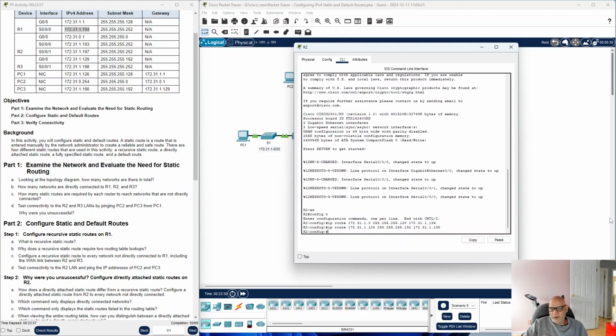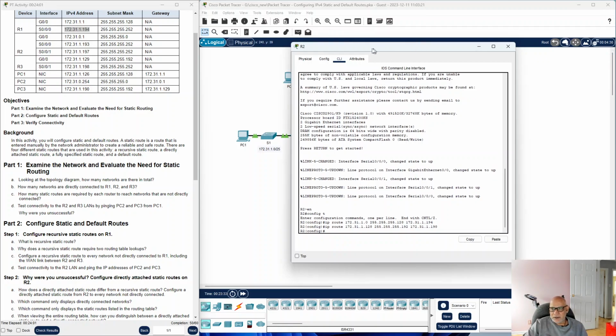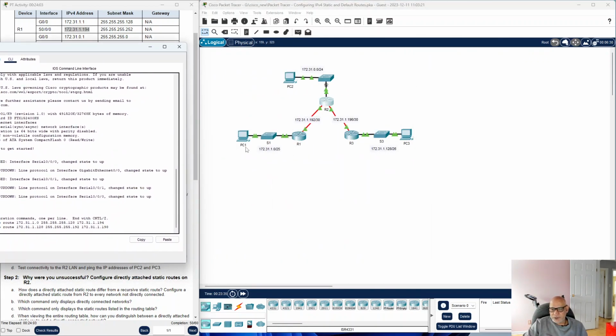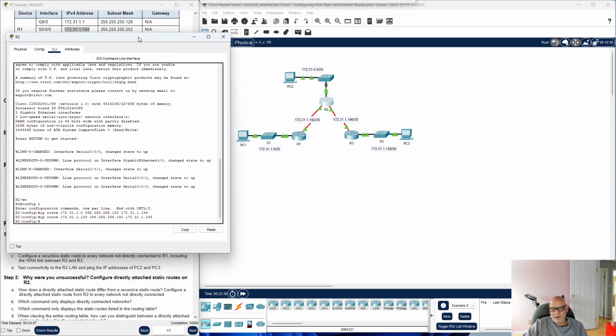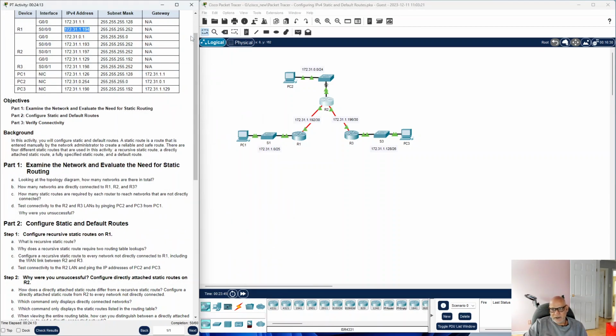And that's it. There are only two networks that are not connected to R2, and we only have to create two static routes in R2. So we are done with R2.